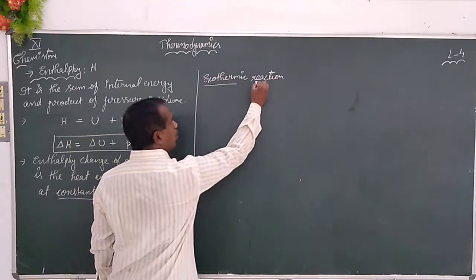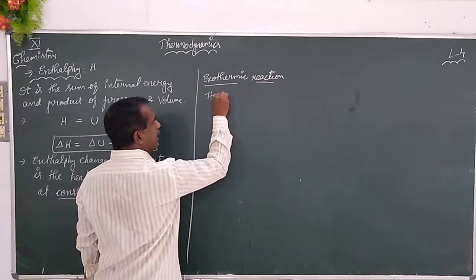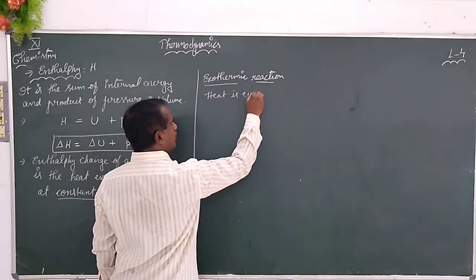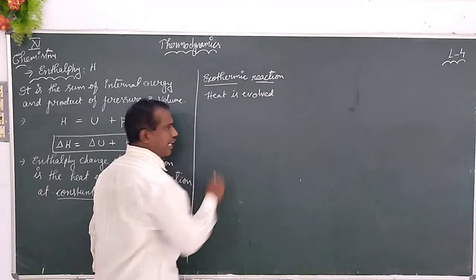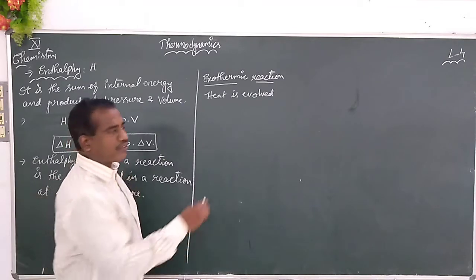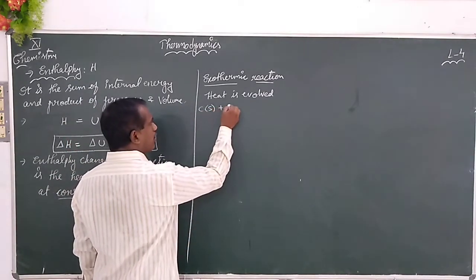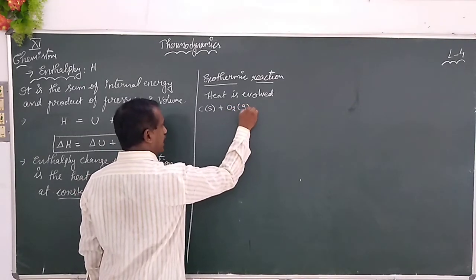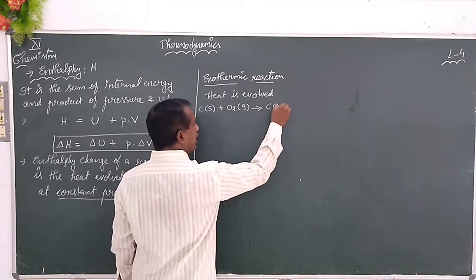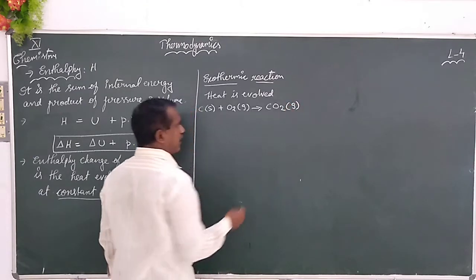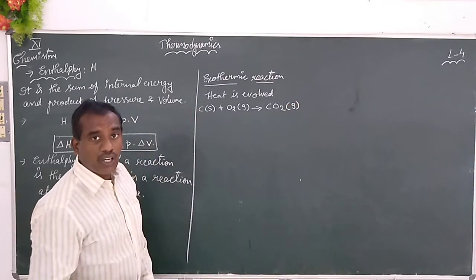Exothermic reactions are those in which heat is evolved during the course of the reaction. For example, you are burning a carbon compound in the presence of oxygen gas. Combustion is going on. It is giving carbon dioxide gas.